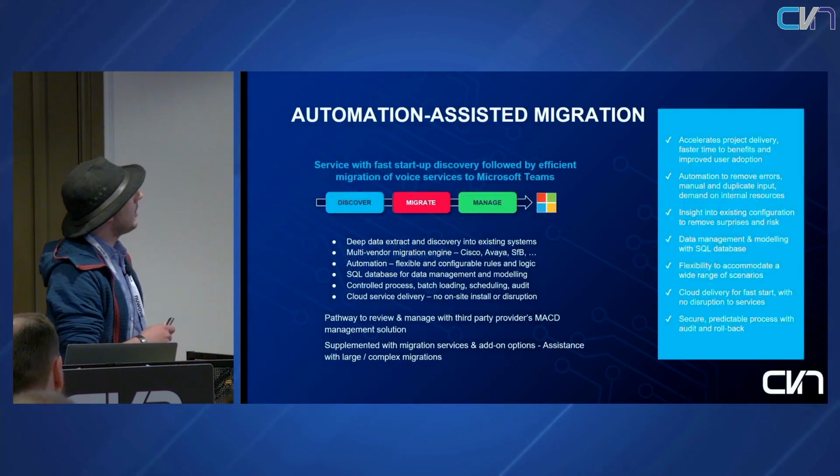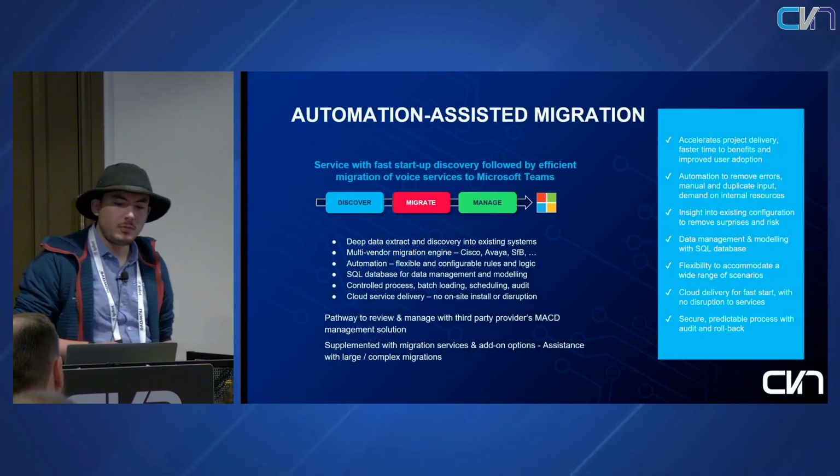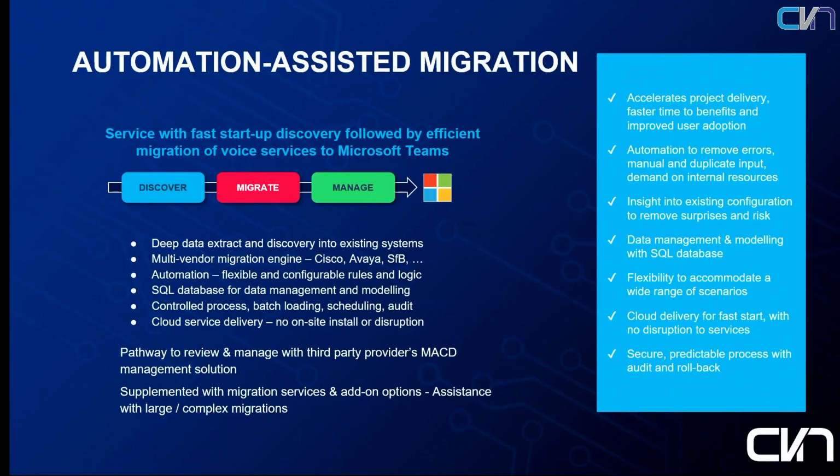But what we can do now is we can say, all right, we're going to take all of that manual labor that you did before, where you went to your losing system. And regardless of whether that losing system is going to be integrated into the new Teams UC system, Teams phone system, we're going to figure out what you were using and try and figure out how you were using it and why you were using it.